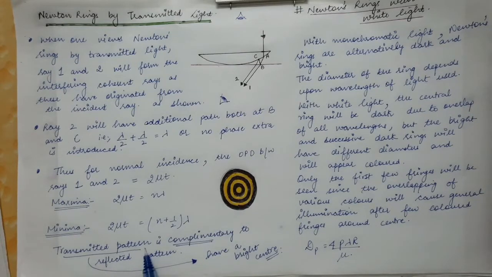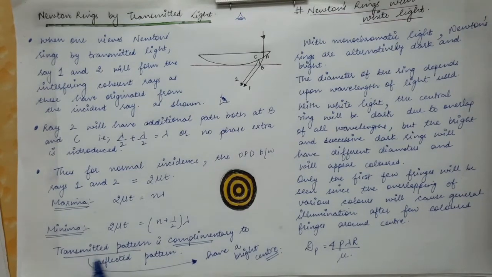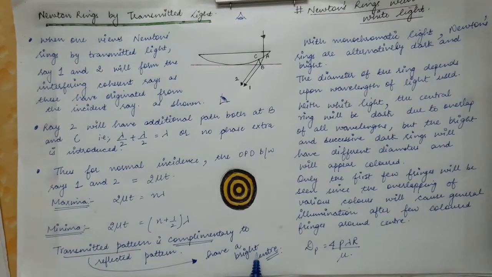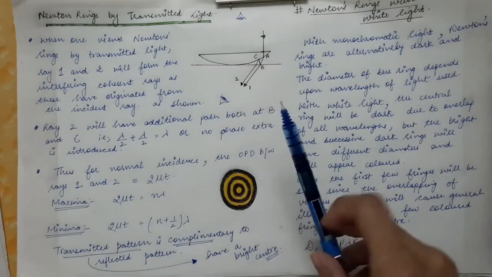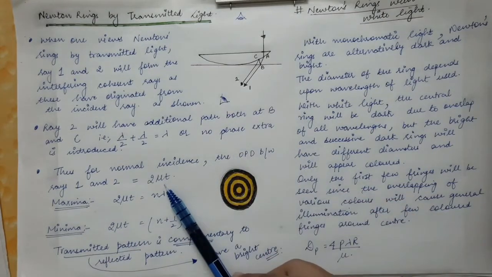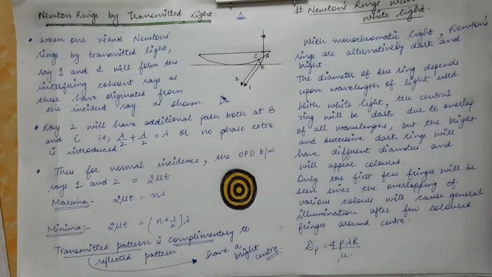So the transmitted pattern is complementary to the reflected pattern, because the transmitted pattern has a bright center. So this is the difference between the Newton rings obtained by the transmitted light as well as by the reflected light. This difference is just due to the difference in the path of the two rays.